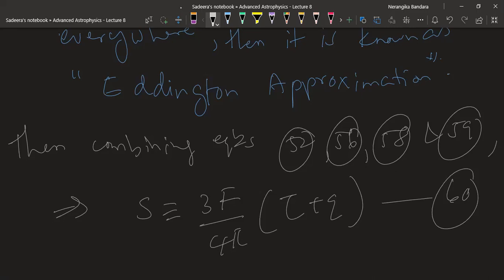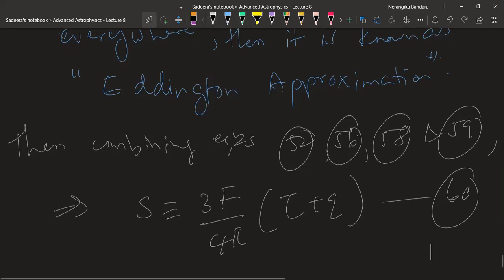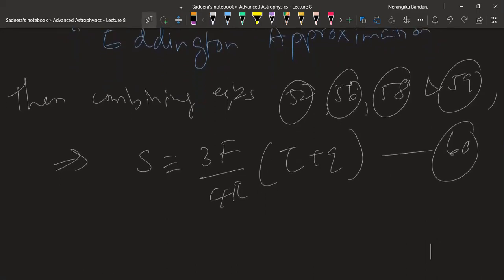Now, we're going back to equation number 51, the actual equation that we are trying to solve. The solution to equation 51 can be written as follows.